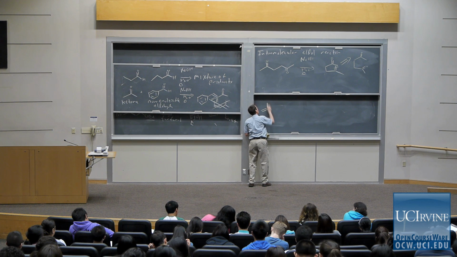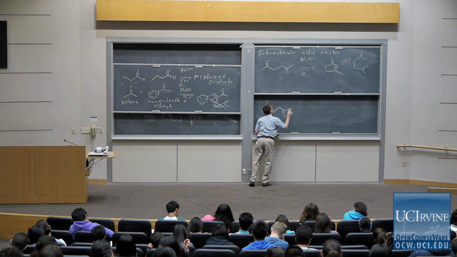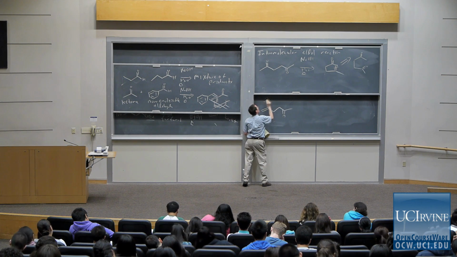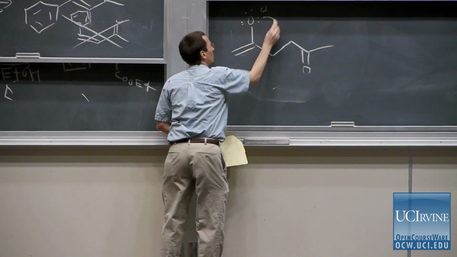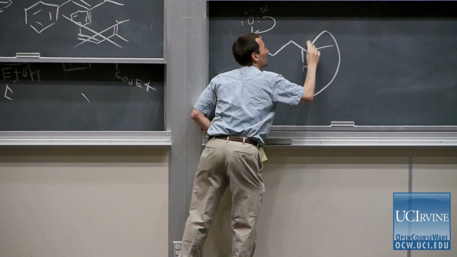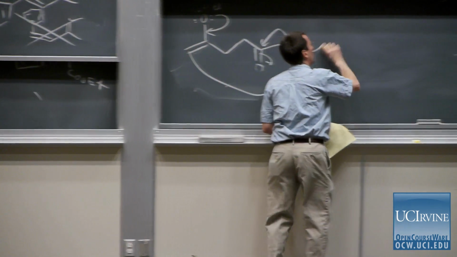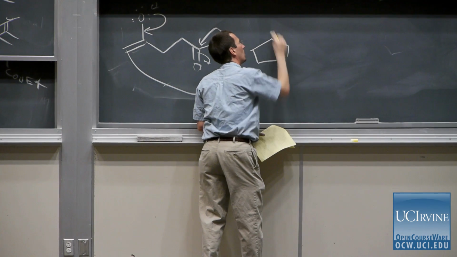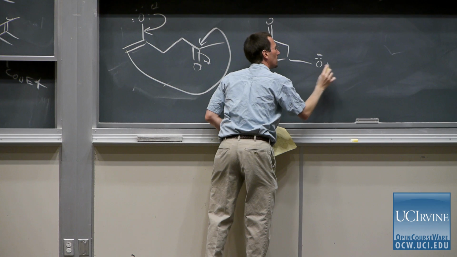And so in this particular reaction, when this enolate forms, it can reach around, attack over here, and that takes us over to this aldolate.